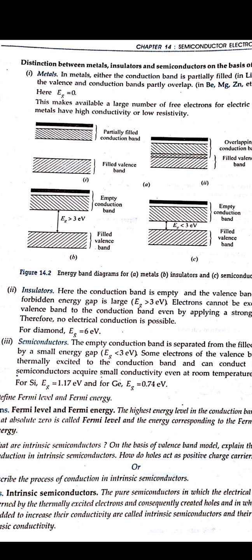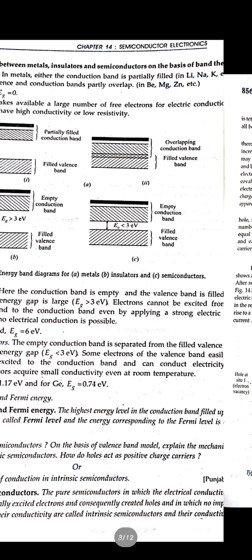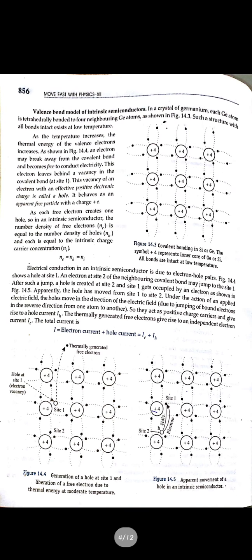Whatever potential you provide should be equal to the energy band gap, and if you provide that much electron volt to it, it will jump and be in the conduction band. In the conduction band they have to move to the top layer, which means they require a potential. So that highest energy level in the conduction band will be considered the Fermi level, and the energy corresponding to it will be considered the Fermi level energy.